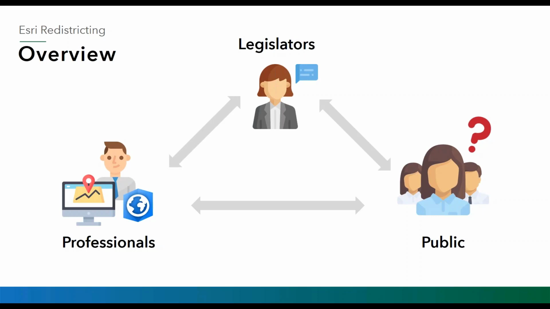So we have, as you see here, the three main groups that we've been looking at. There's the GIS professionals and the redistricting plan creation professionals who are using professional GIS software, redistricting software to create the plans with input from the legislatures. There's the public who wants to have their say and give input to these plans, but doesn't really know much about the process.